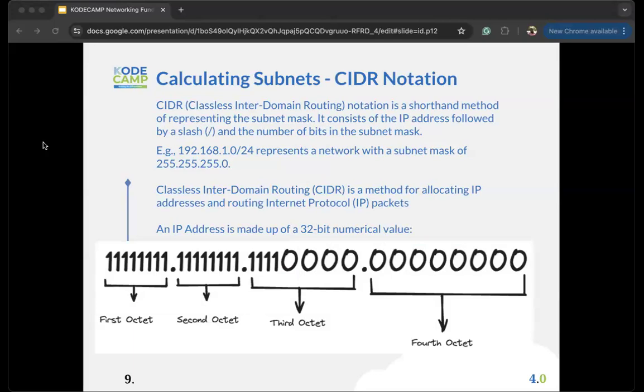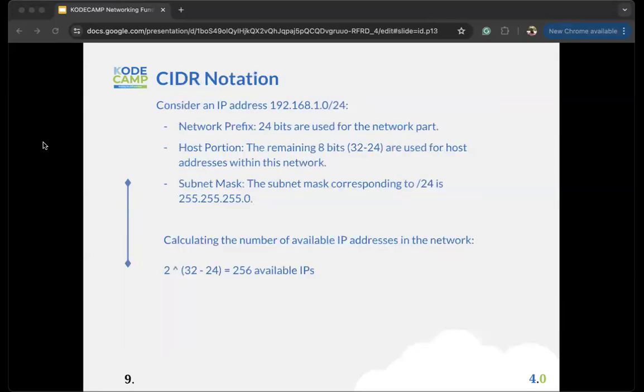An IPv4 address has 32 bits, which is 32 binary characters. So if I have /24, I know that the /24 represents the network portion of my IP address, and 32 minus that 24, which is 8, represents the host portion of the IP address, which can be used to determine different hosts within that network.